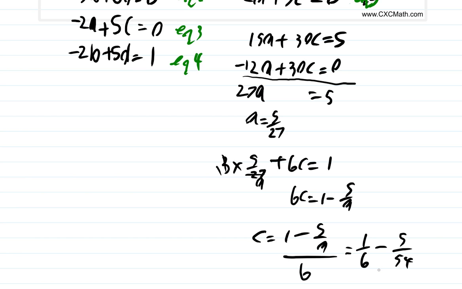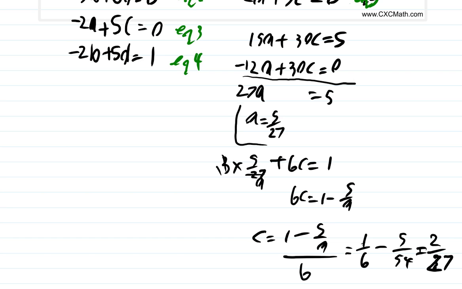If not, you would just have to use your decimal. 1 over 6 minus 5 over 54, I get 2 over 27. So c will be 2 divided by 27.